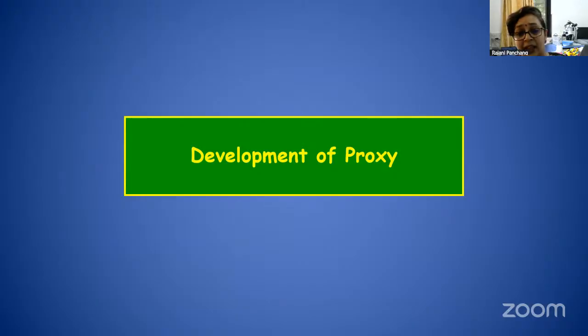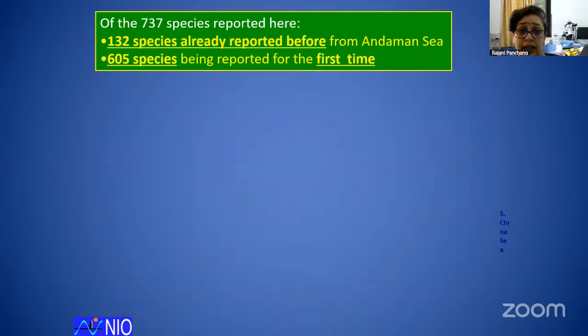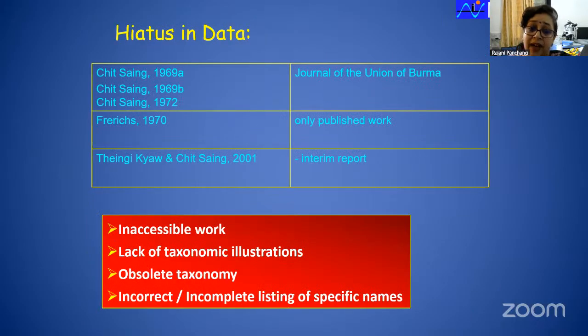As I go ahead, another thing is, what does a literature survey help you with? One, it helped me identify my objectives. On the basis of this, I was able to say that I will report the different species here because it has not been done. Second, I will revise the taxonomy.